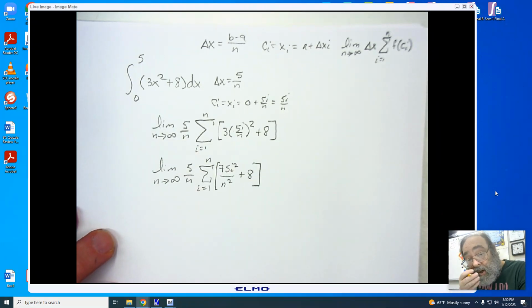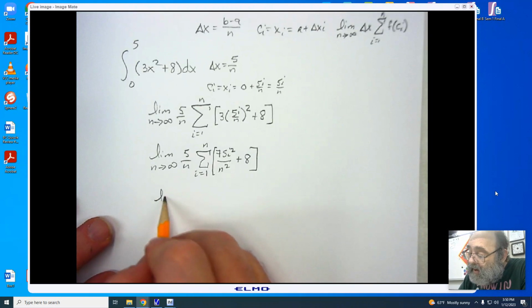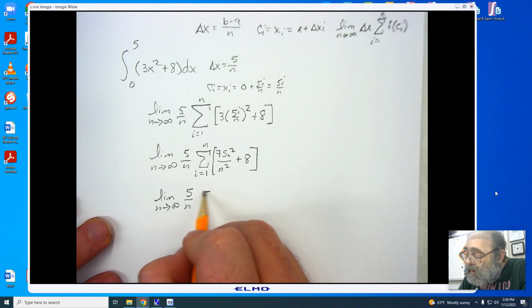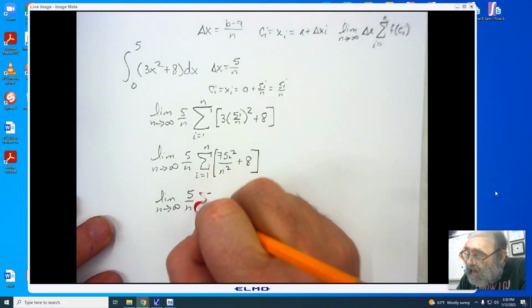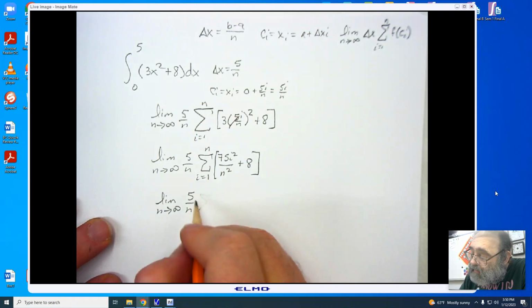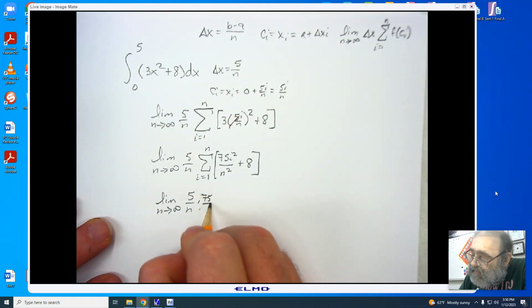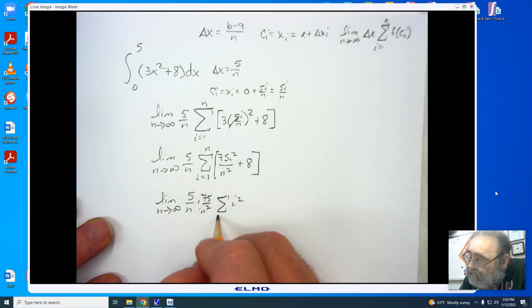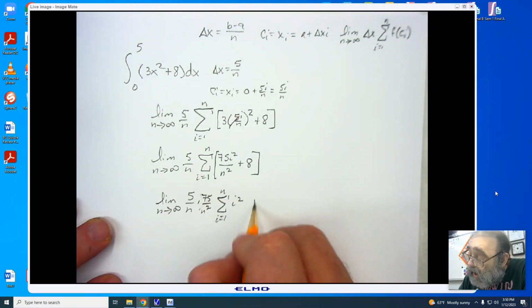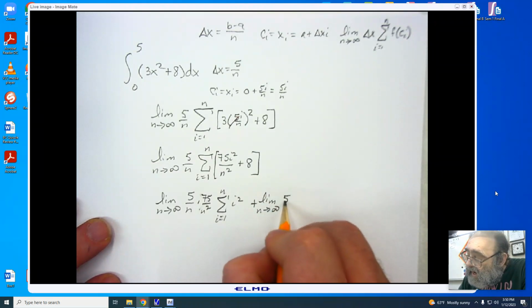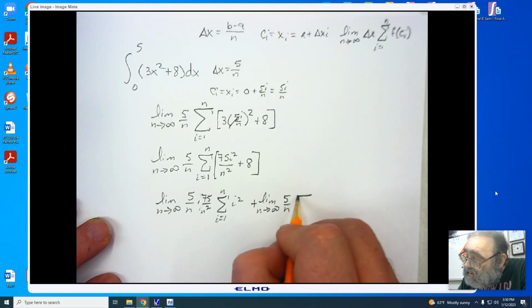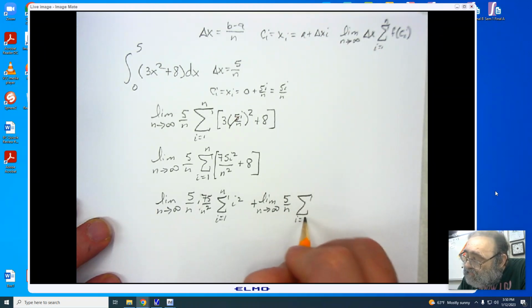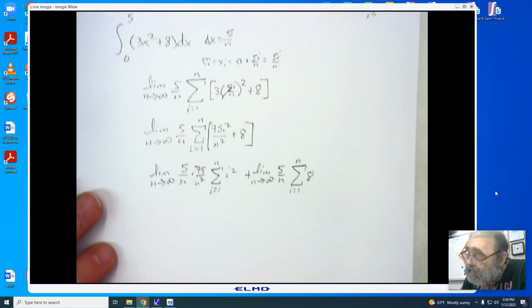We're now going to distribute our terms. So the limit as n approaches infinity of 5 over n times, hang on, let's pull out that 75 over n squared, please. 75 over n squared times the summation of i squared, plus the limit as n approaches infinity for 5 over n times the summation as i goes from 1 to n of 8.